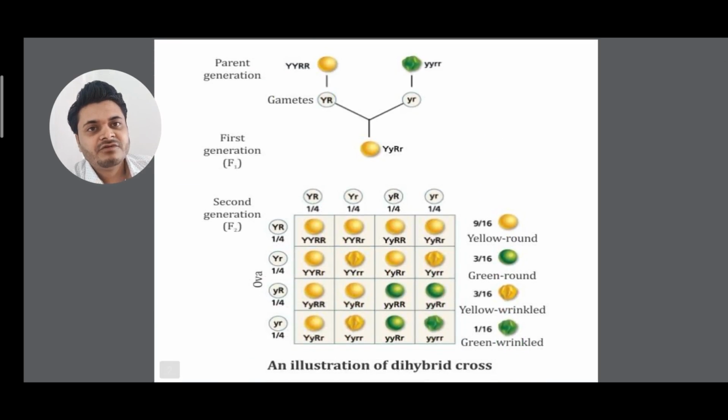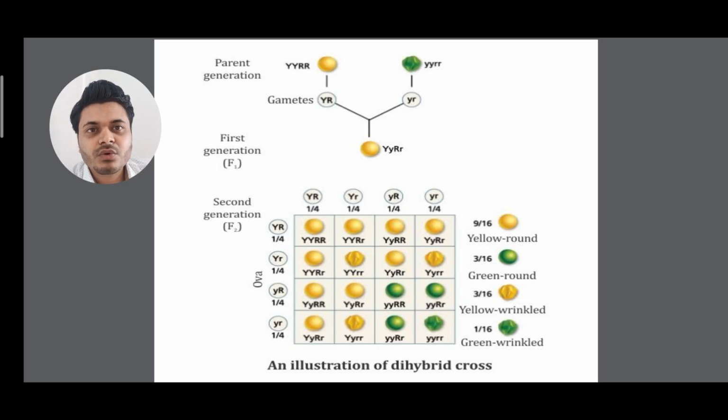Now see, for dihybrid cross, first we have to take dihybrid. The word di means two and hybrid means mixing, isn't it? So here they have taken two characters. One is, you can see, they have taken capital Y, capital R, and small y, small r.